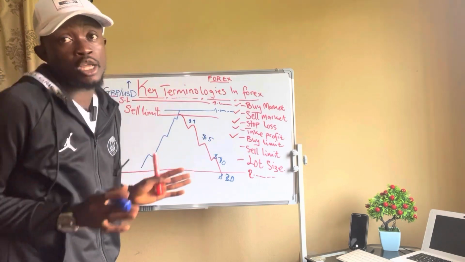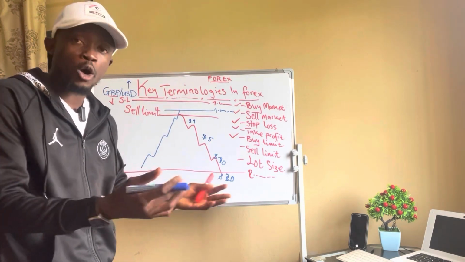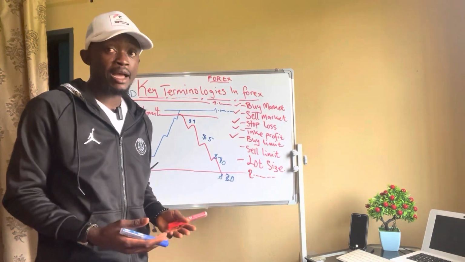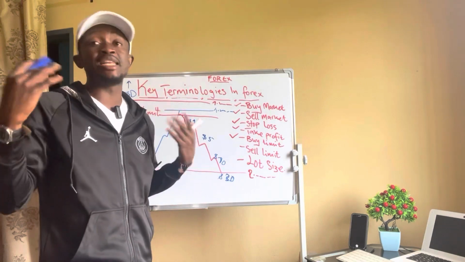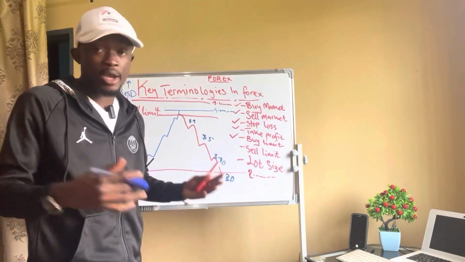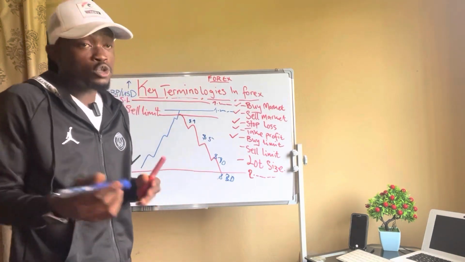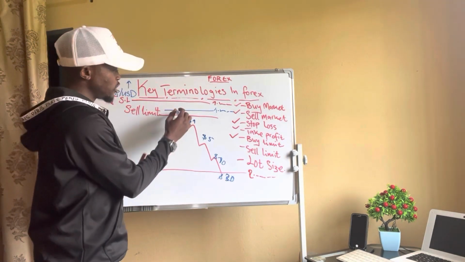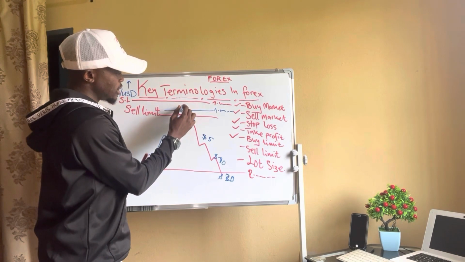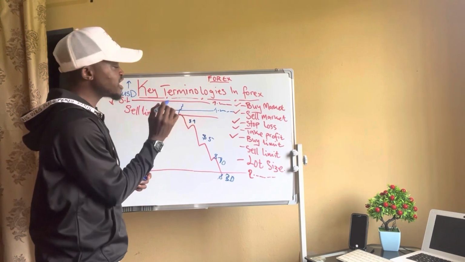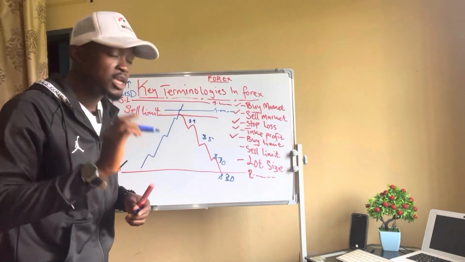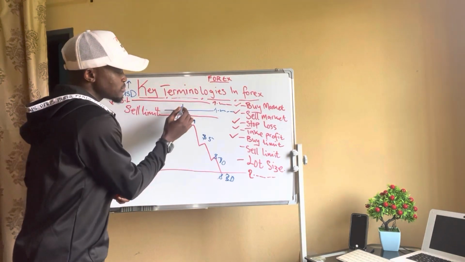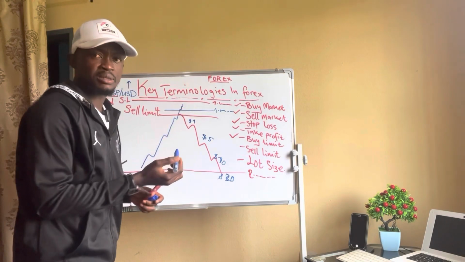Even if you are not there, when you just come back in the evening from work, you check on your phone or your computer and you see what has been happening in the forex market when you were not there. Maybe you will discover that as you placed your sell limit at this level, it first of all bought and reached very close to your stop loss but did not hit. Had you been watching that trade, maybe you would say, I'm already losing this trade.